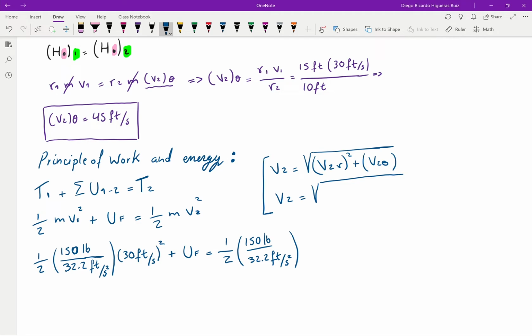So that's gonna be 45. We got that number, and I will go ahead and use my units again. Plus, it's gonna be 45 squared plus 3 feet per second, the entire thing square. We solve for that and we're gonna have 45.1.